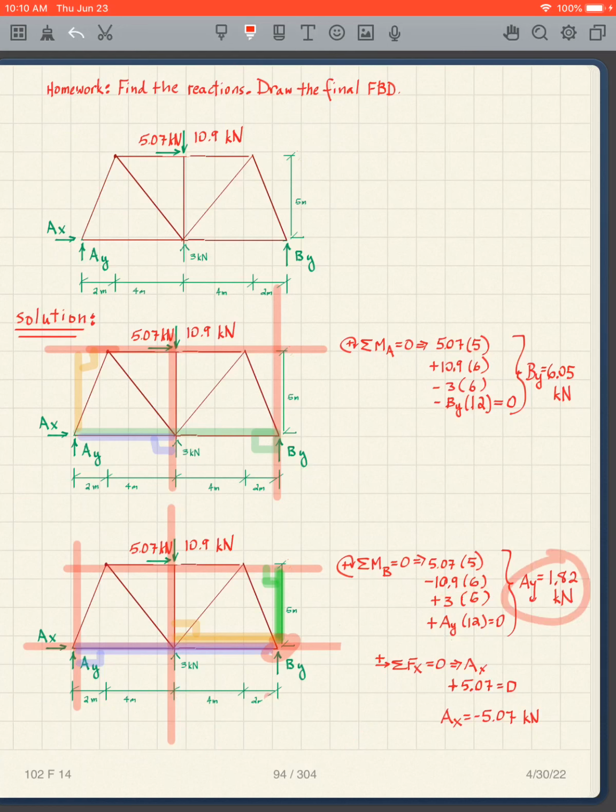Solve that, we get 1.82. And we take the sum of the forces in the x direction. To get AX, I only have 5.07 and the AX. They're both going to the right, so they are both positive. And I solve for that, I get negative 5.07 for AX.